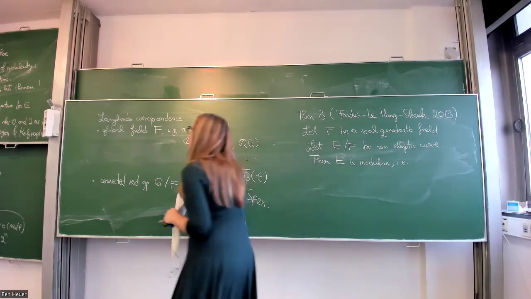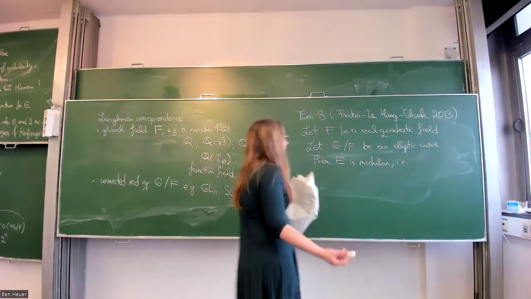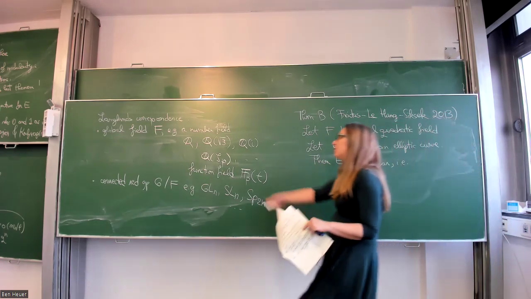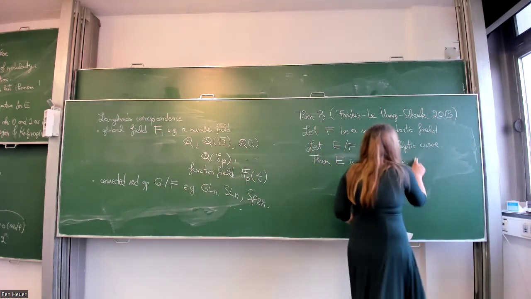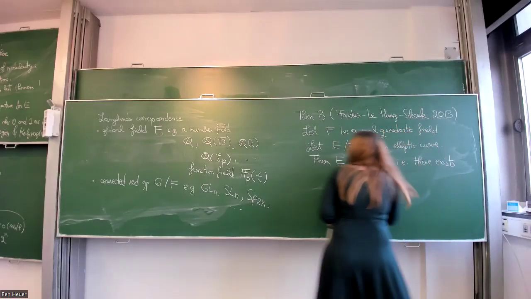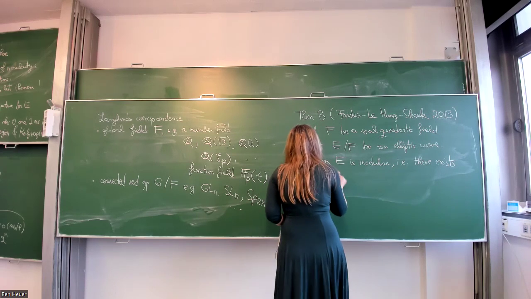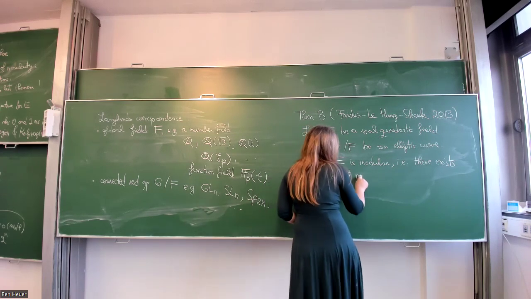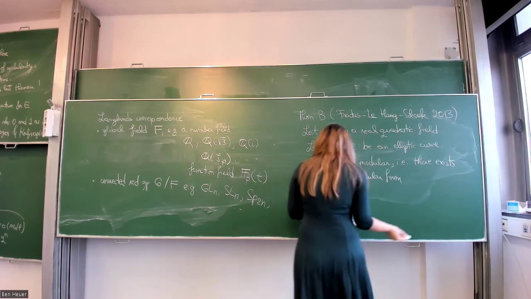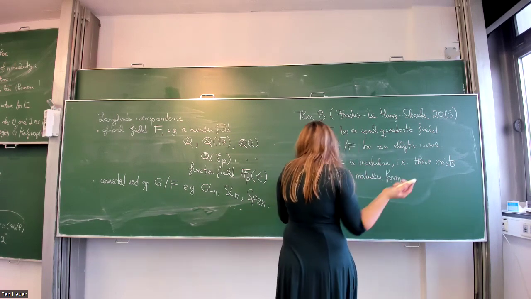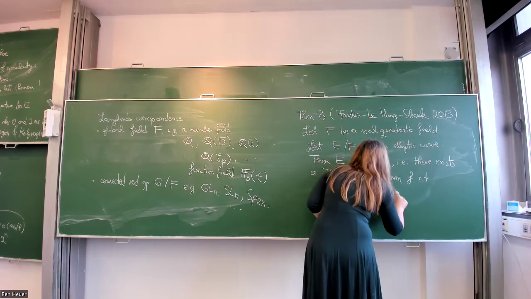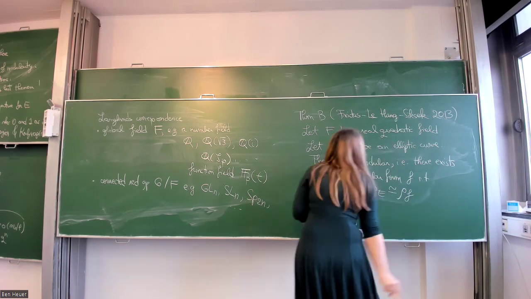In this case, it means that there exists the analog of a modular form in this real quadratic case, so there exists a Hilbert modular form, still over F, such that the associated Galois representations are isomorphic.